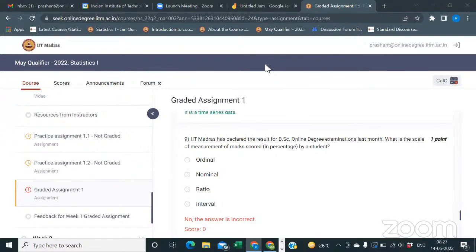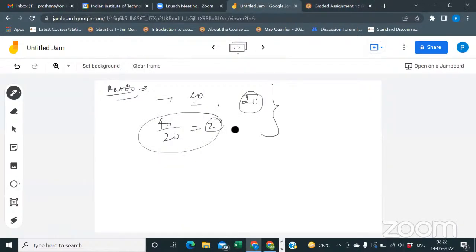In interval, you cannot compare the data, like temperature. In degrees Celsius, the lower limit is minus 273 something. Suppose there is 0 degrees Celsius, and there is temperature 20 and temperature 40.